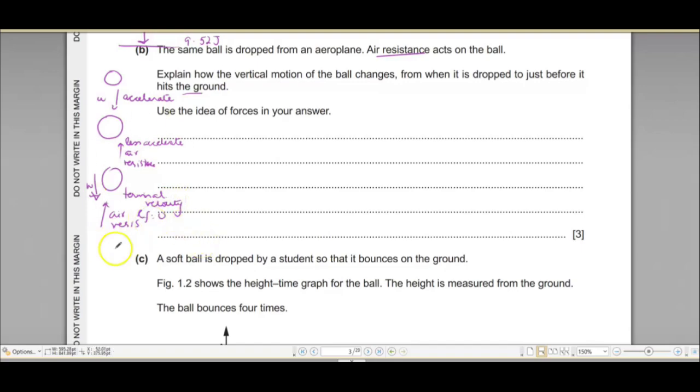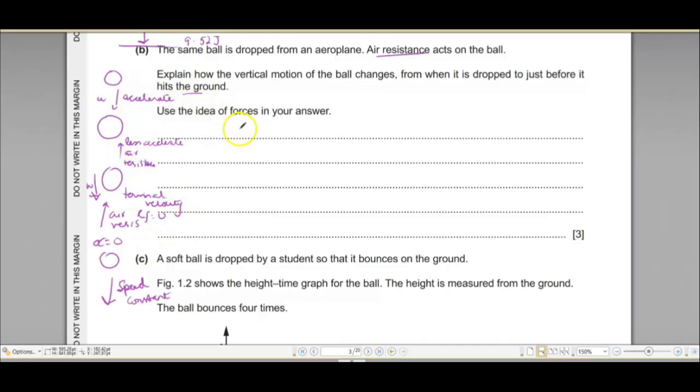So from now on, the ball is going to fall with zero acceleration. So when the acceleration is zero, until it reaches the ground, the speed is going to be constant. So this is the principle of a free falling object when air resistance acts on it.